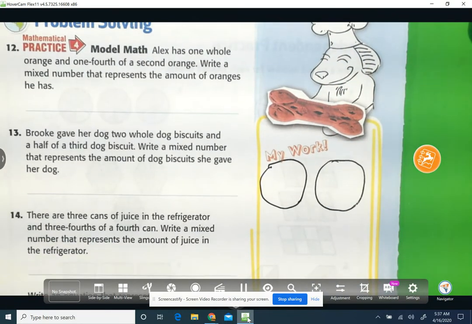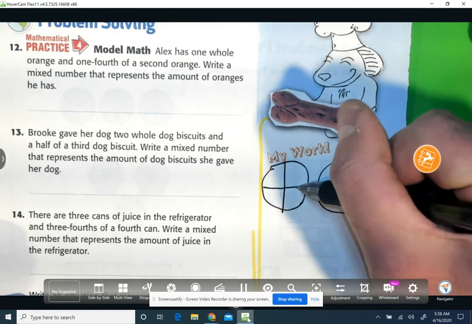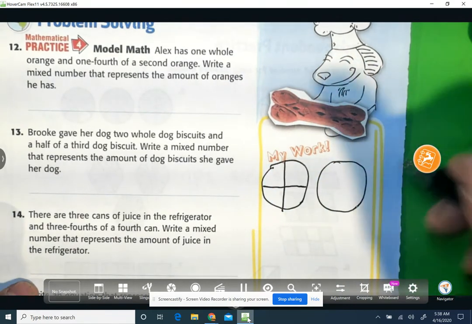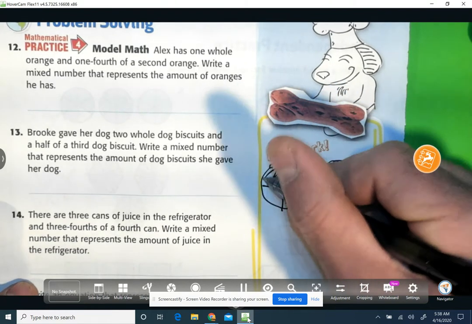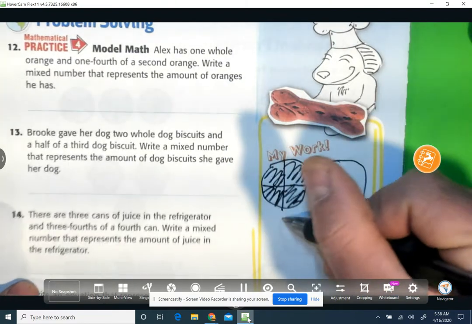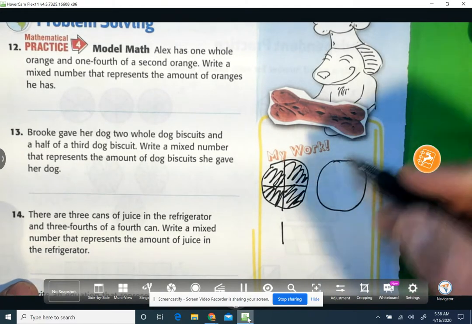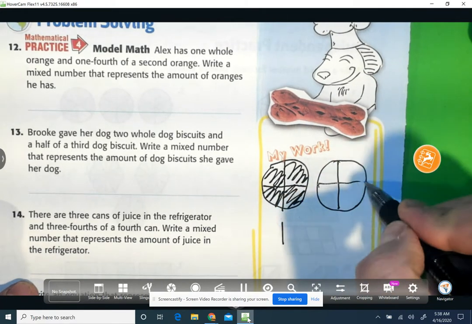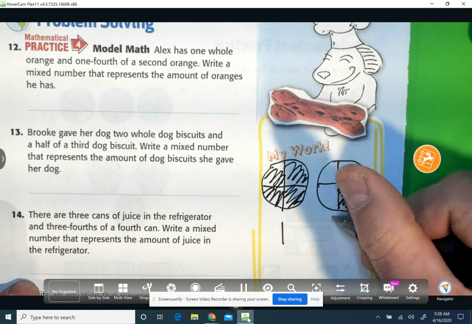It seems like he was at home, in quarantine, eating a snack, and he had an orange that was broken into fourths here, and he ate it all, right? 4 slices. He ate 1 whole orange. Then he ate 1/4 of a second orange.